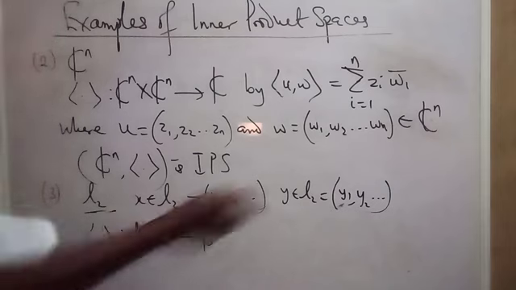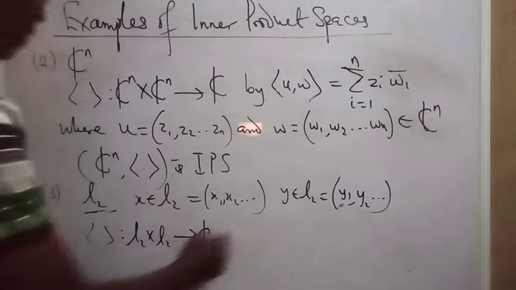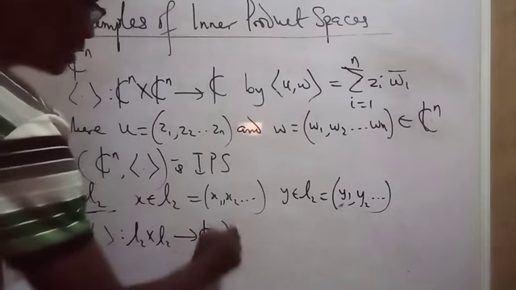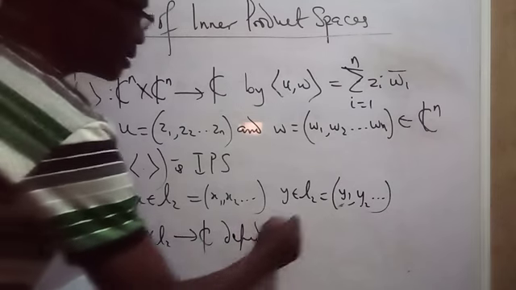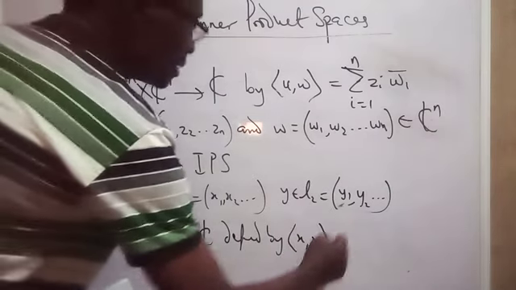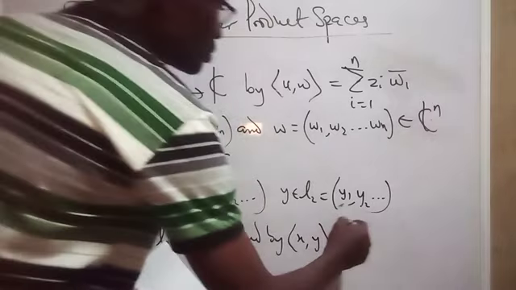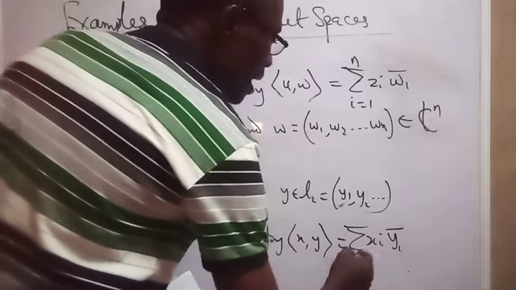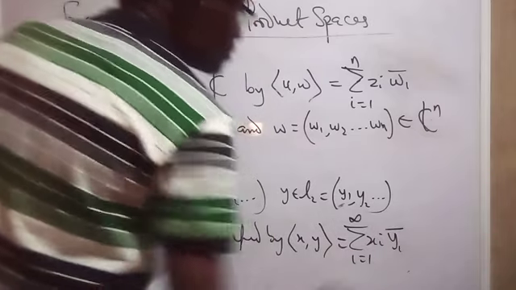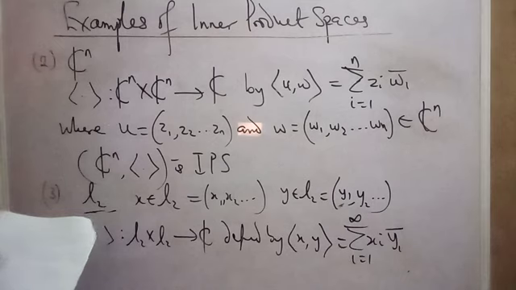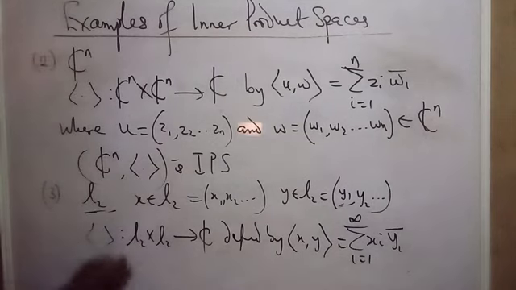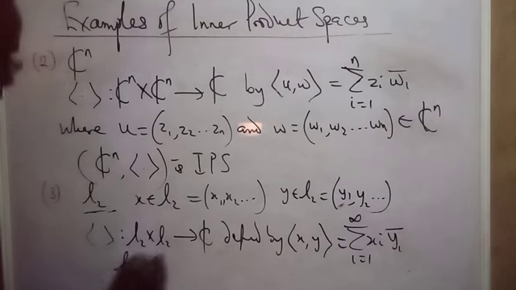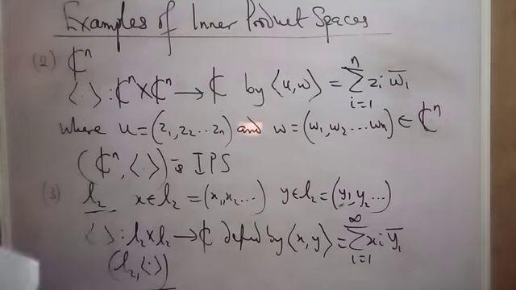Like I've given x and y, we define the inner product of x over y as the summation of xi yi bar, where i moves from 1 to infinity. That's how it was defined. So the combination of L2 together with this inner product is an example of an inner product space.